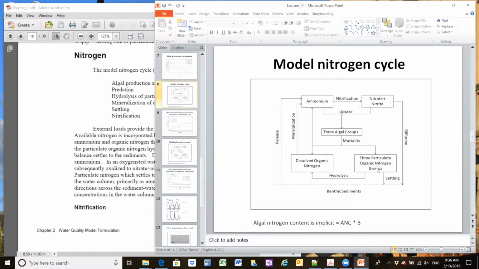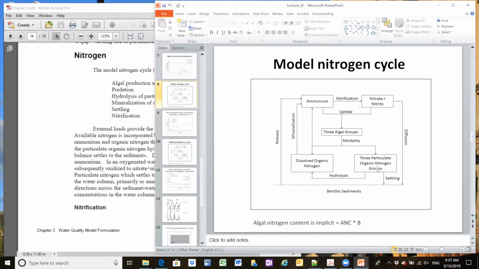Those particulate nitrogen groups correspond to the G1, G2, G3 that Dominic talked about yesterday. So we have a labile, a refractory, and you could call it slow refractory, you could call it inert, you could call it G1, G2, G3. I think in the model documentation we use labile, refractory, and G3.